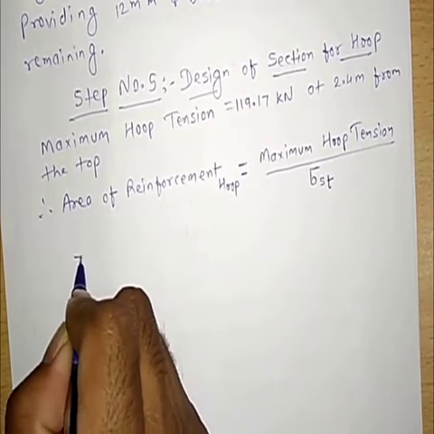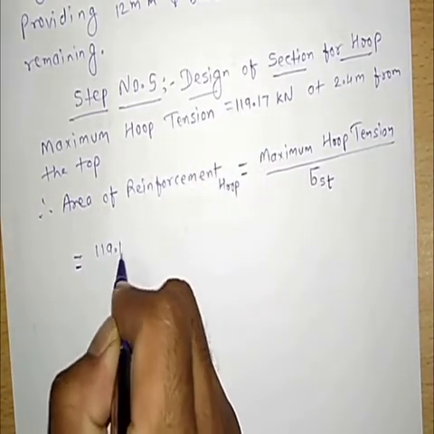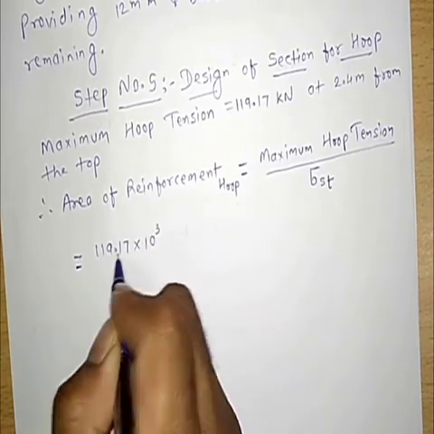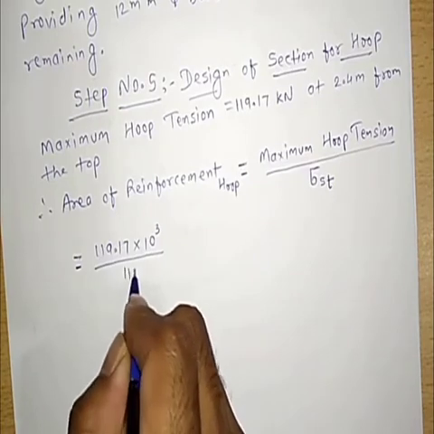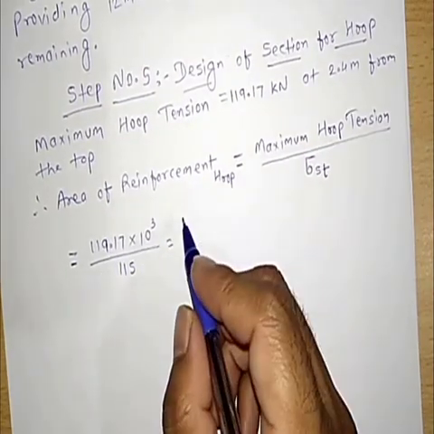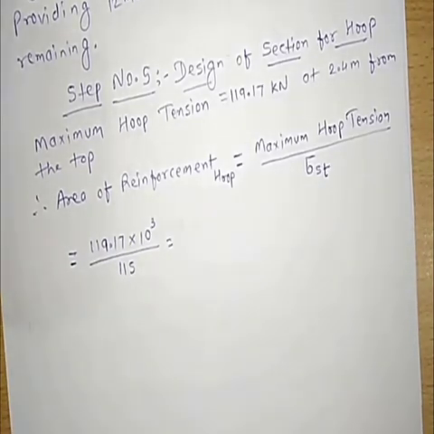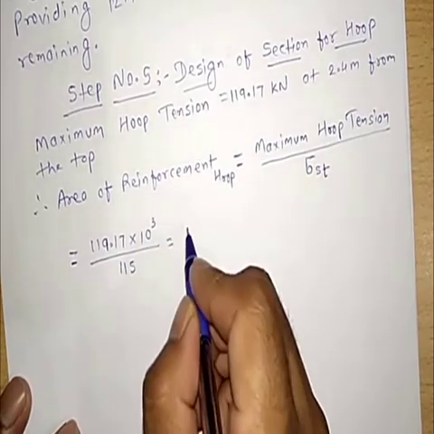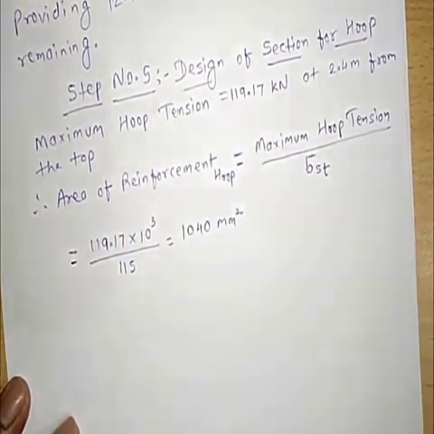So therefore it is equals to maximum hoop tension, that is 119.17, will convert in terms of Newton and divide by 115. So kilonewton we have converted into Newton, and if we just calculate this, you will get it around 1040 mm square.